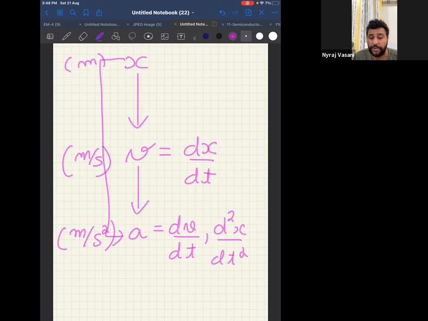The SI unit of displacement is meter, of velocity is meter per second, and of acceleration is meter per second square. Very important to know this before we start the chapter SHM.